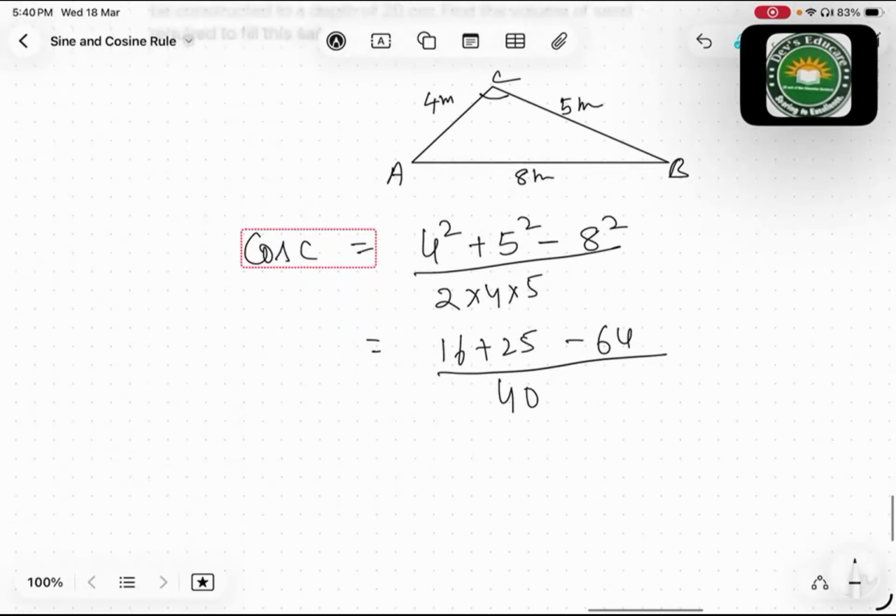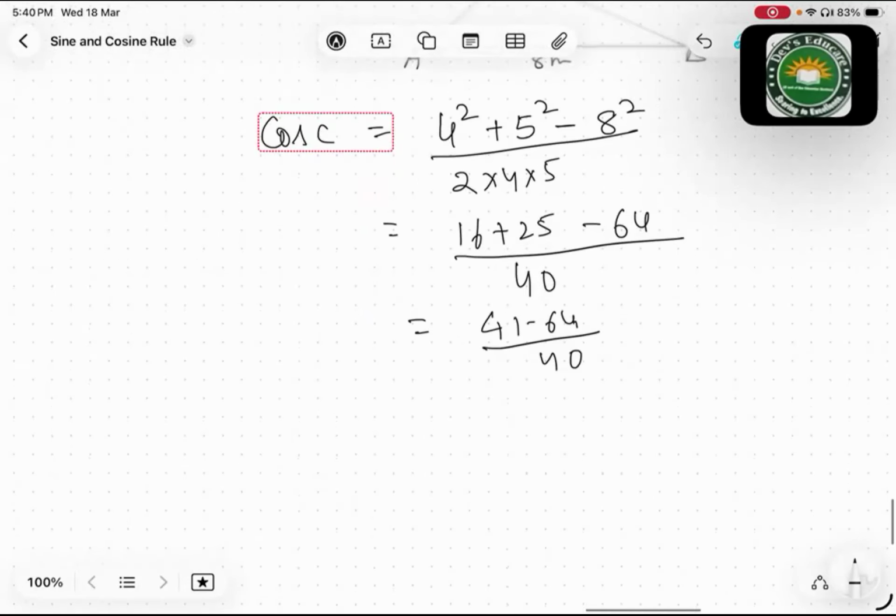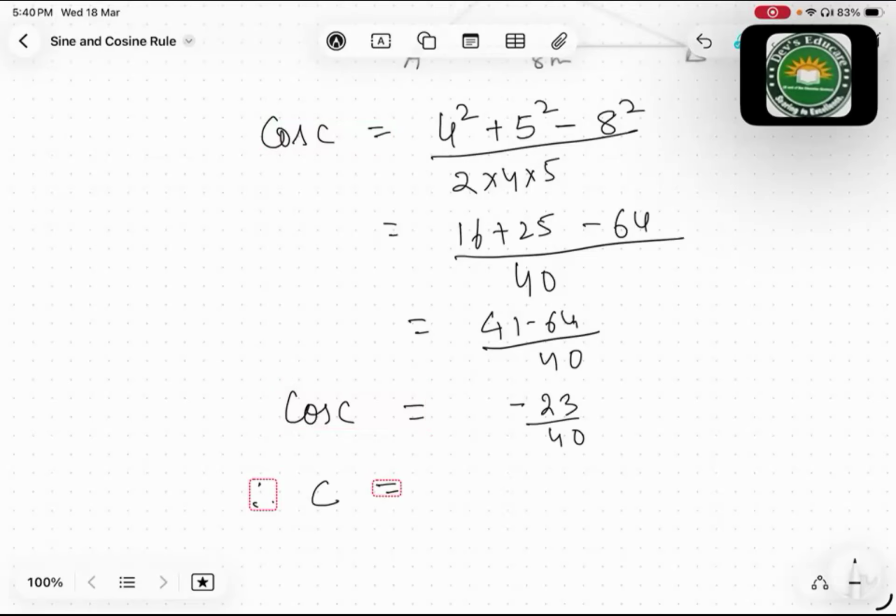So this becomes 41 minus 64 over 40. So cosine C becomes negative 23 over 40. So angle C will be cos inverse of negative 23 over 40. If we use a calculator, this will become 125 degrees 6 minutes.